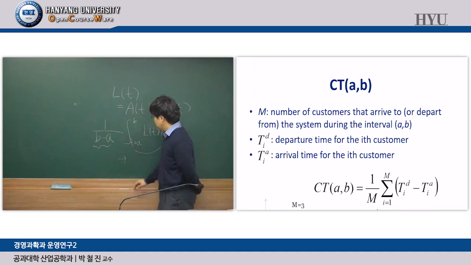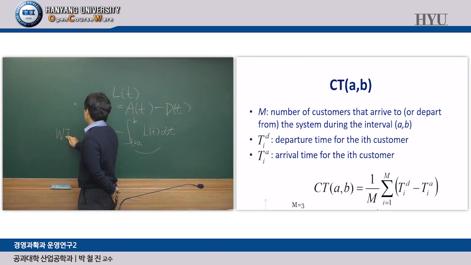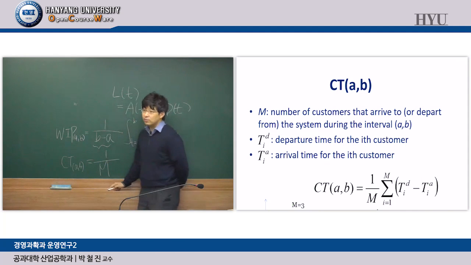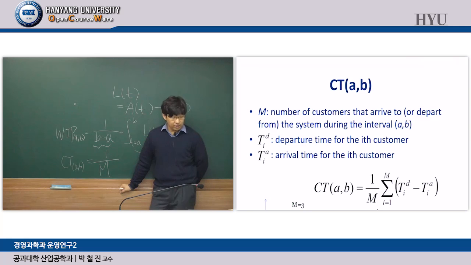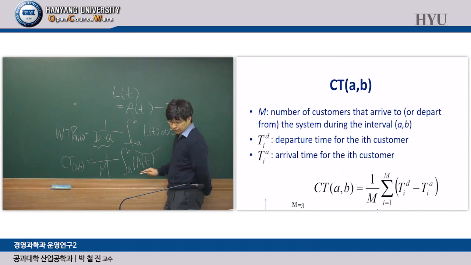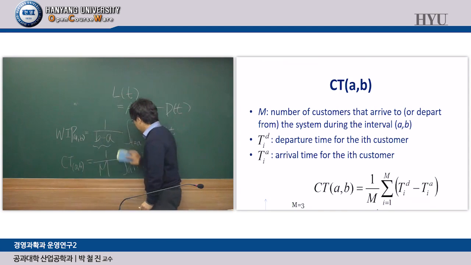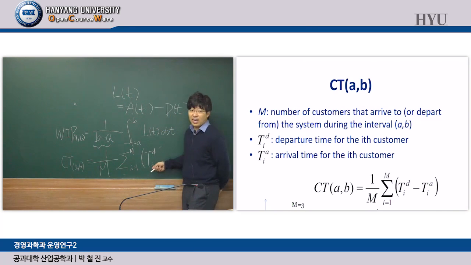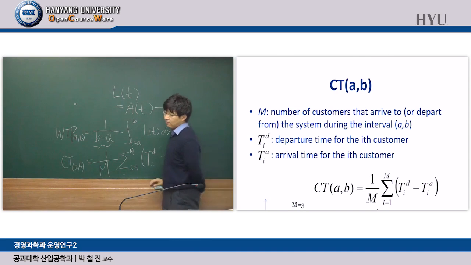We can consider the total number of customers who get service from time A to time B. Let's say M from A to B. And then we can think about all the cycle times for each customer, i up to large M. Let's say T_i^D represents the departure time for the ith customer, and T_i^A represents the arrival time for the ith customer.